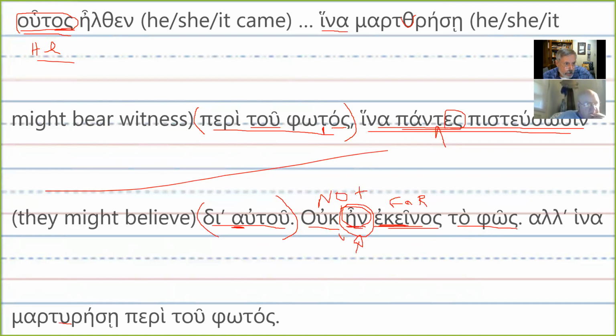He was, and that would be right there. So he was not, or that one was, and probably this is better really: that one was not the light.